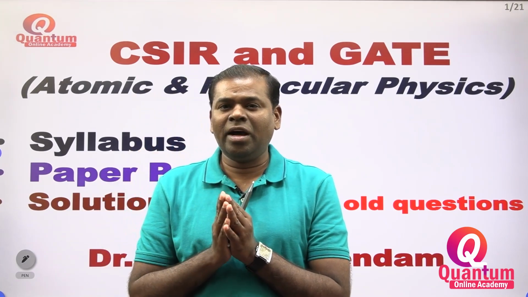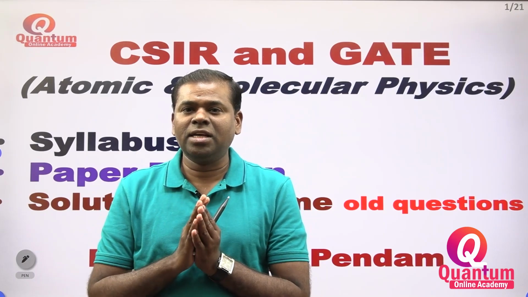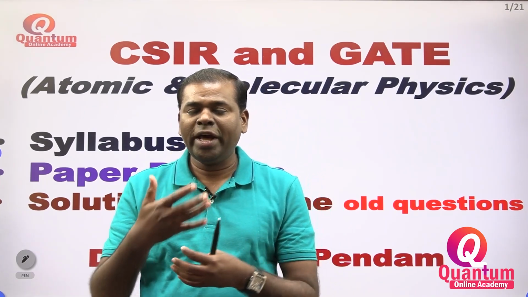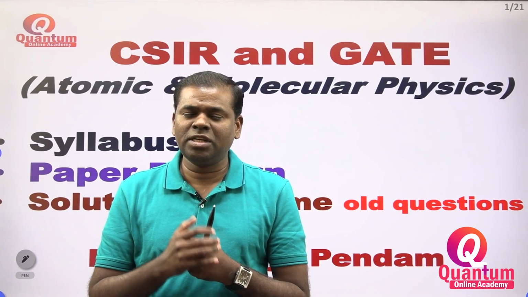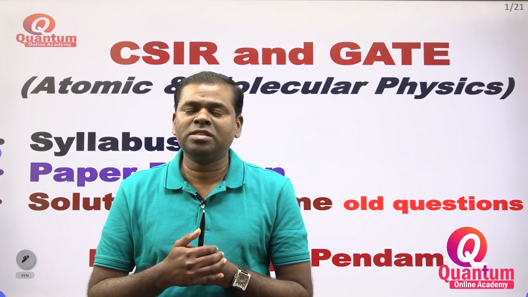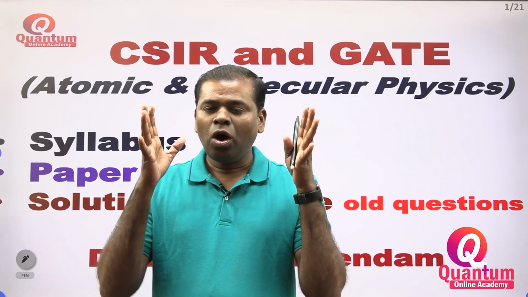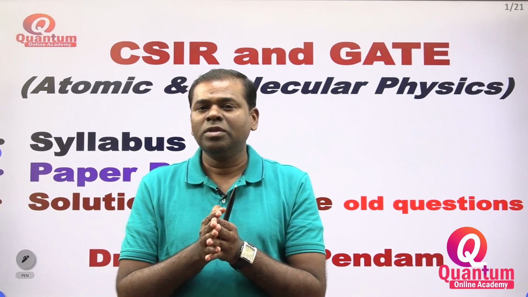In classical mechanics also I segregated it into 10 parts, according to the CSIR and GATE syllabus. Similarly, I segregated electromagnetic theory, thermodynamics and statistical physics, condensed matter physics, and quantum mechanics. Now we are coming to atomic and molecular physics. All the introductory syllabus I am giving you.